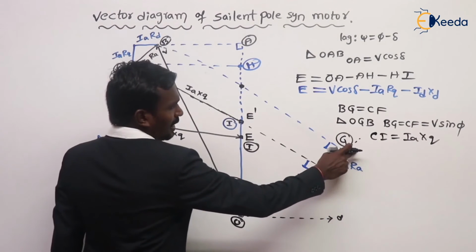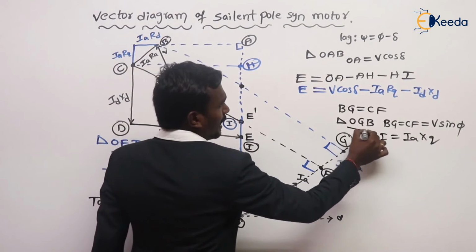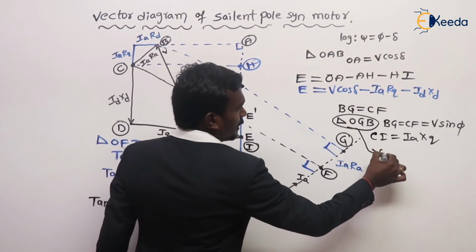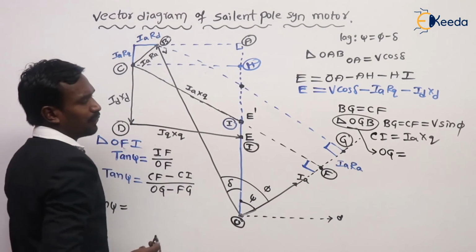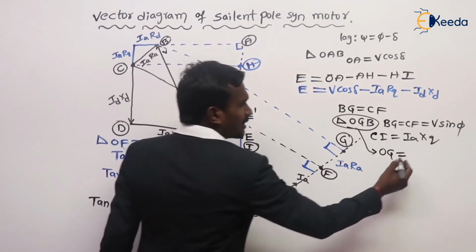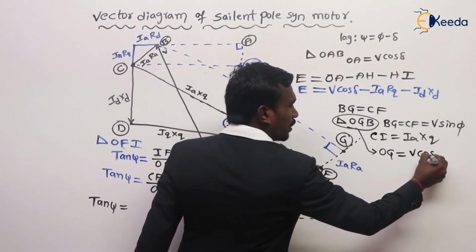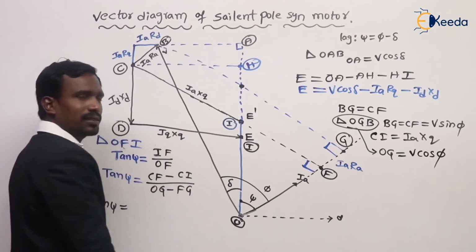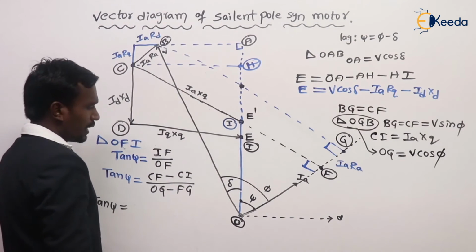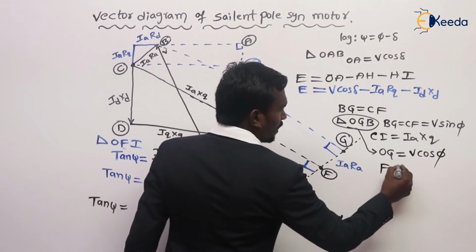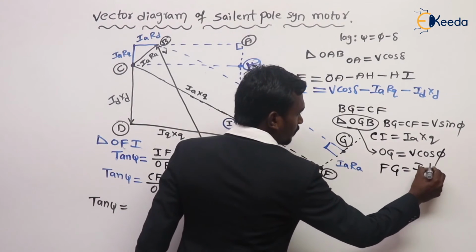Next, OG. From the same triangle, OG is the adjacent value of the power factor angle. What is the adjacent value? Very good, adjacent is nothing but cos. So now tell me, what is the answer? OG, okay. And FG, ultimately we know, is IARA.